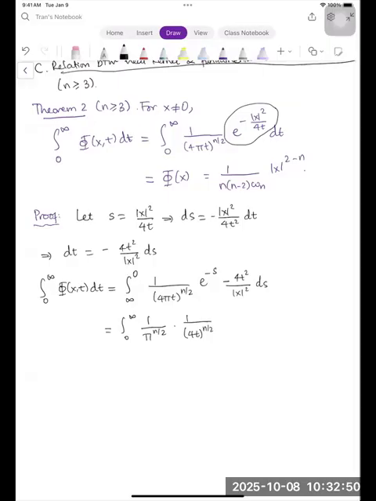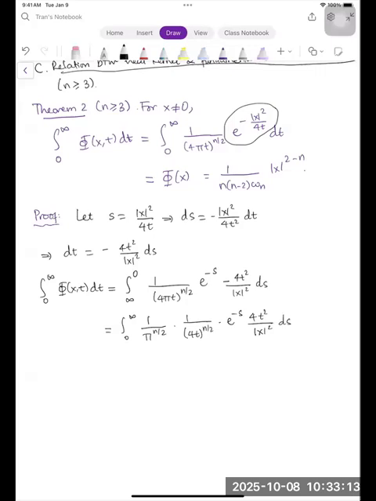Times e to the minus s times 4t squared over x squared ds.